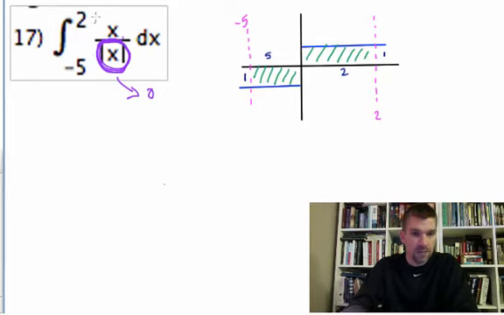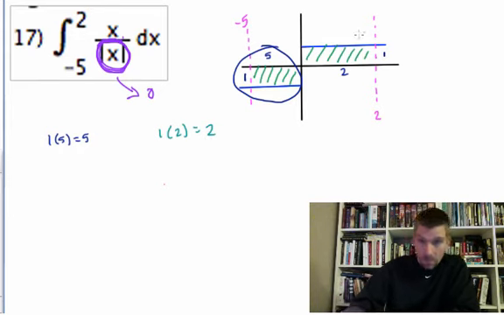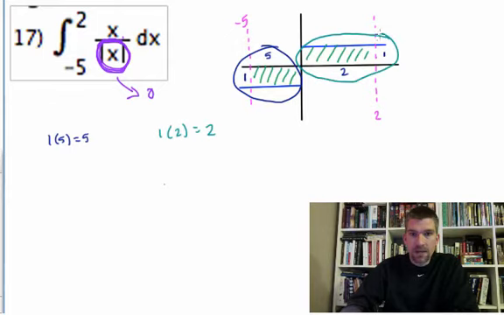I can evaluate this integral by splitting it into two pieces and adding the areas of those curves. So from 1 to 5, this first rectangle is going to have an area of 5. That's this guy right here. My second rectangle is going to go from 1 times 2, and the area of that guy is 2. Okay, and so there's that rectangle right there.